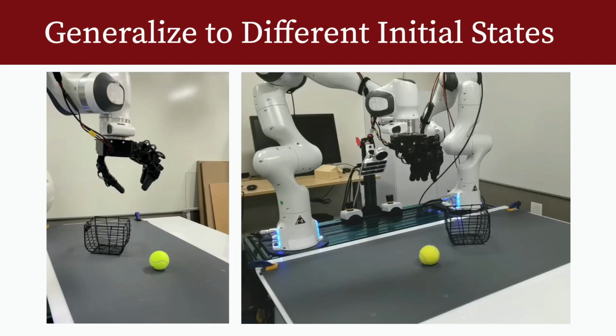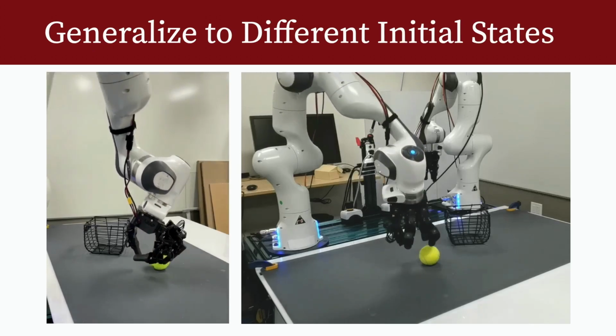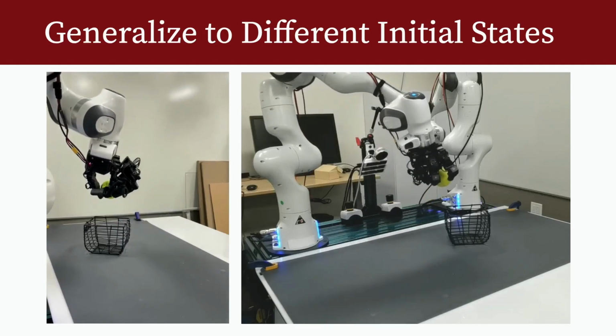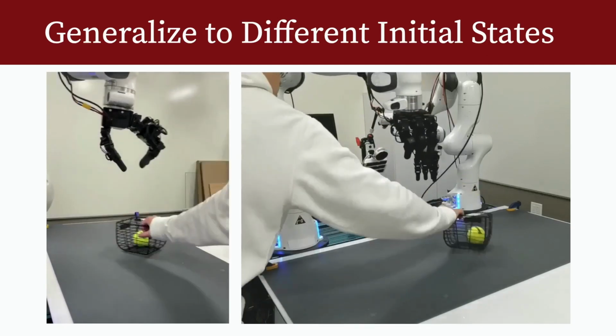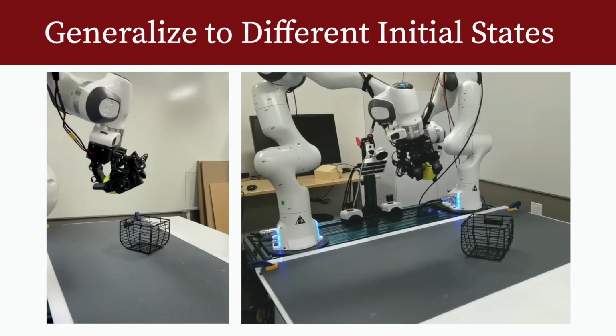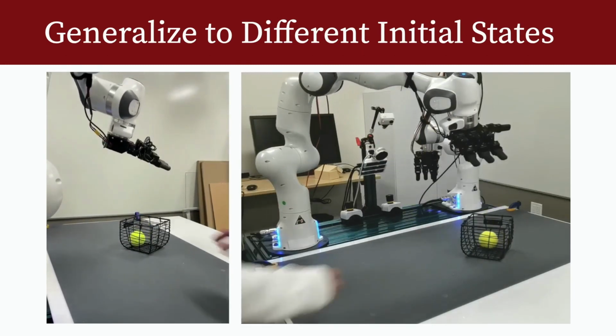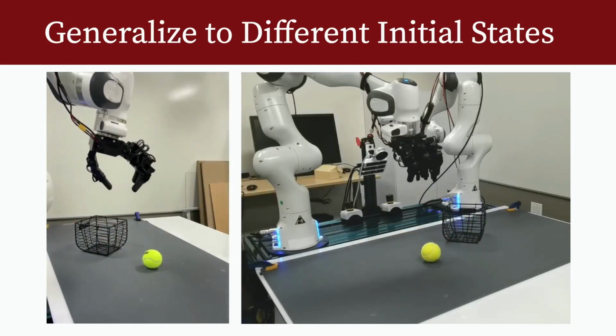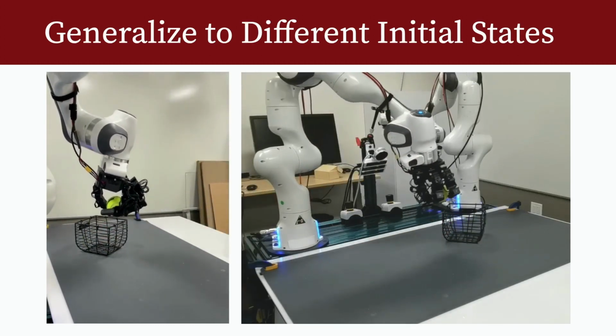And the robot can now perform the task of picking up the tennis ball. And you can also see that there is some generalization happening because we can put the tennis ball in a random initial location and the basket in a different location as well.